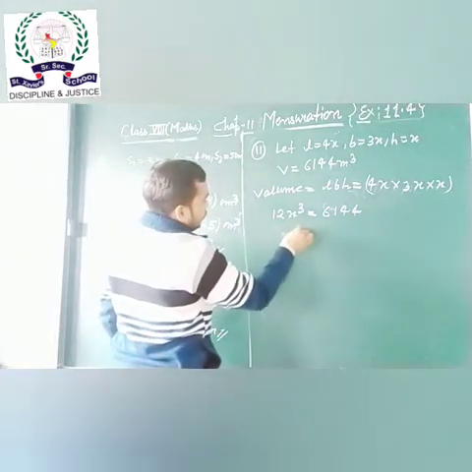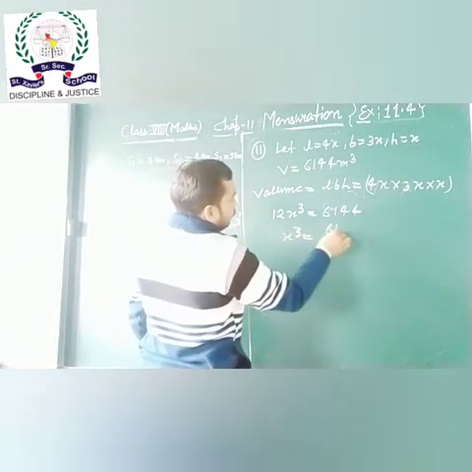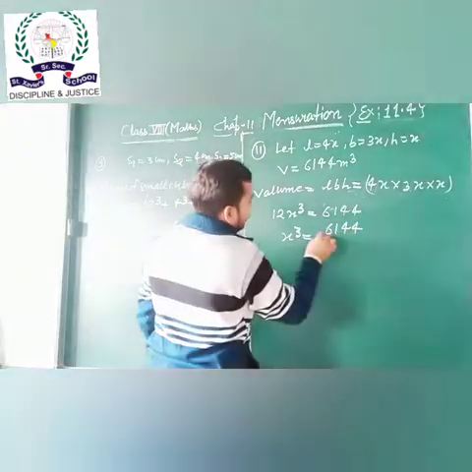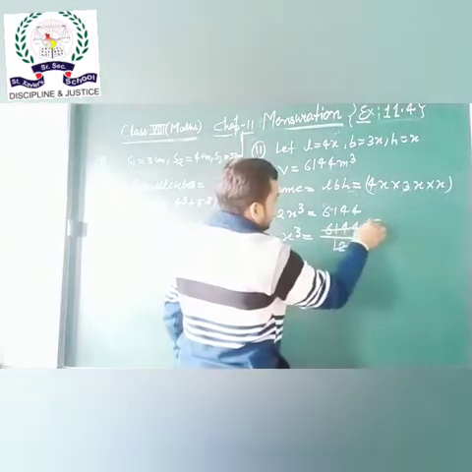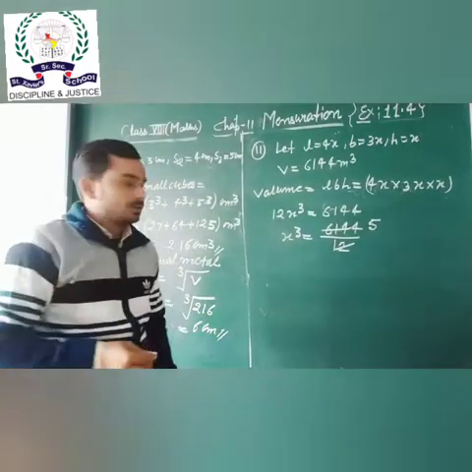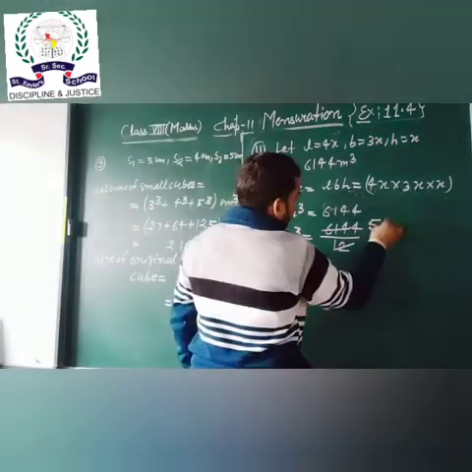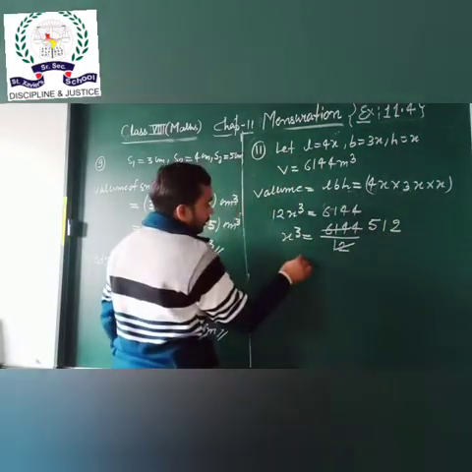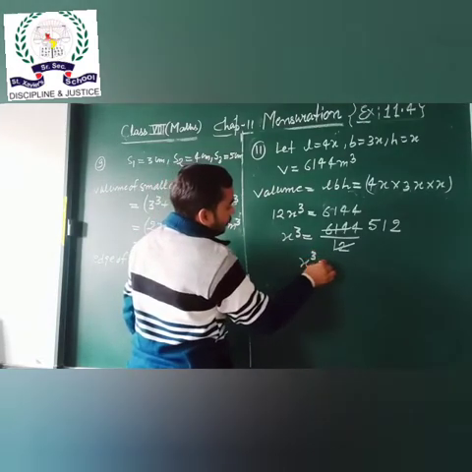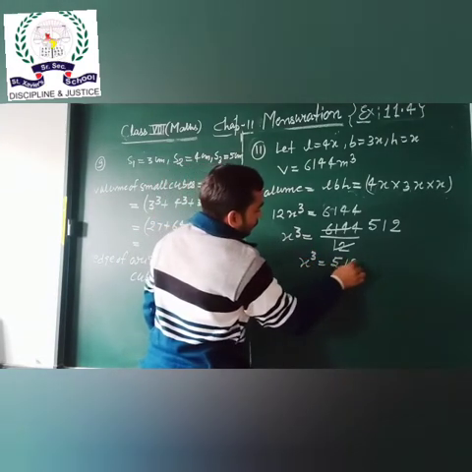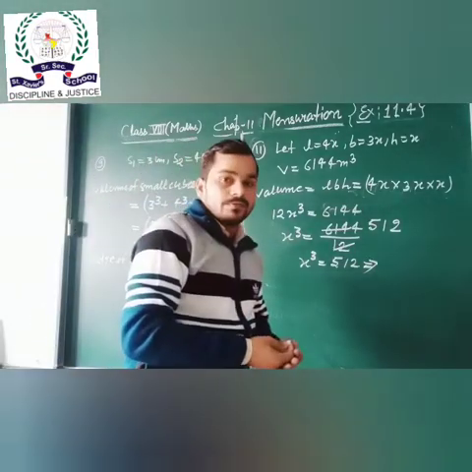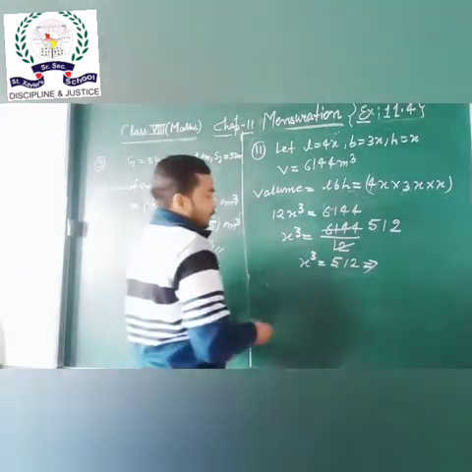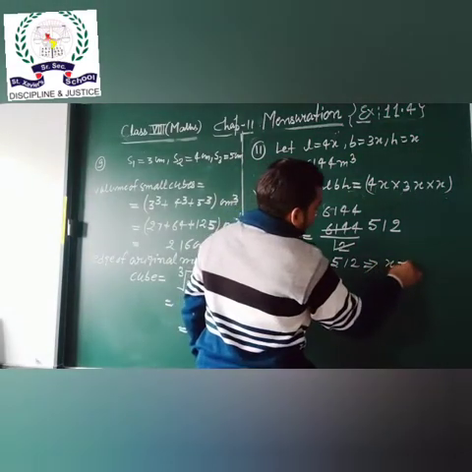So x cube equals 6144 divided by 12. Then divide: 12 5s are 60, 12 1s are 12, 12 2s are 24. So we get 512. x cube equals 512. Then x equals cube root of 512. So x equals 8 meter.